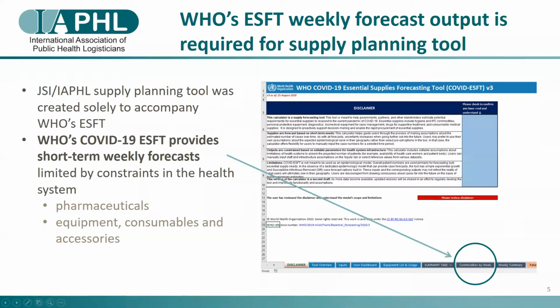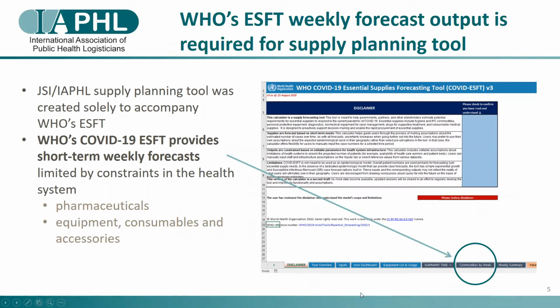Our tool, the supply planning tool, was solely created to accompany the WHO ESFT. It really does not make sense as a standalone product and should not be used that way. The WHO COVID-19 tool provides short-term weekly forecasts that are limited by the constraints in the health system.